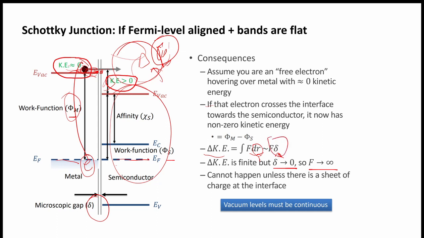This force will be too high. Okay, so that cannot happen. That will be close to infinity. That cannot happen. So this vacuum level should be continuous. The Fermi level should be constant throughout the metal semiconductor interface at equilibrium, but the vacuum level should also be continuous.